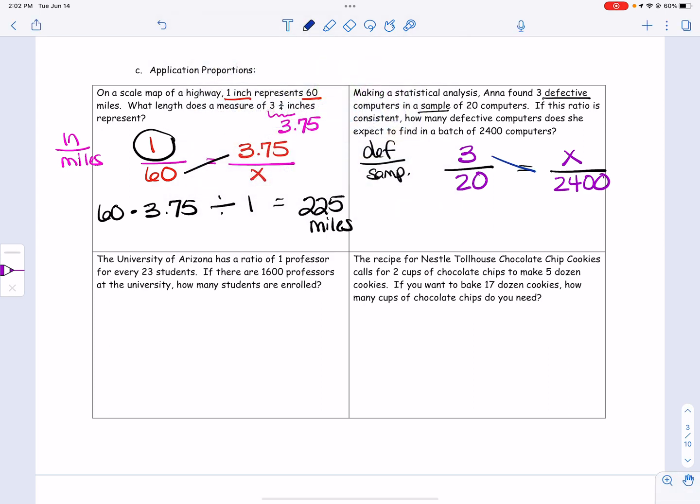So we cross multiply, 3 times 2,400 divided by 20. And when I do that on my calculator, I am going to get 360. Let's just make sure that's right. 2,400 divided by 20 is, yes, 360. And so that would be 360 defective computers in that batch.